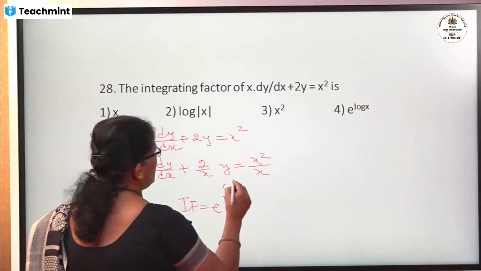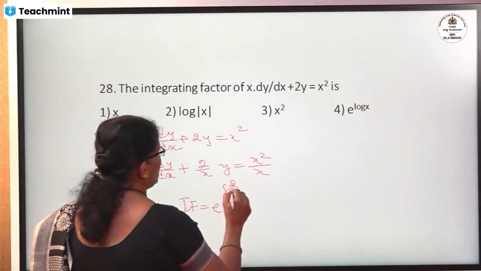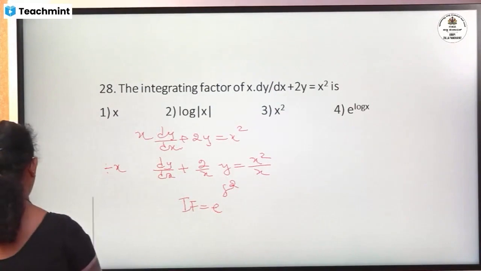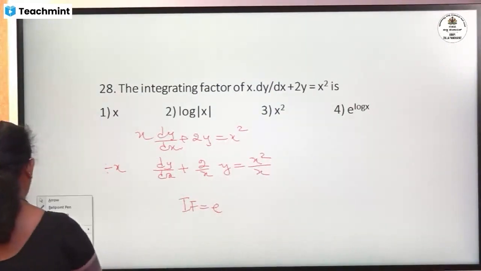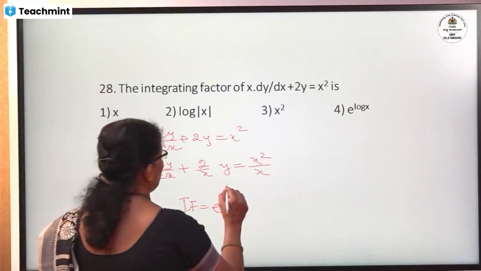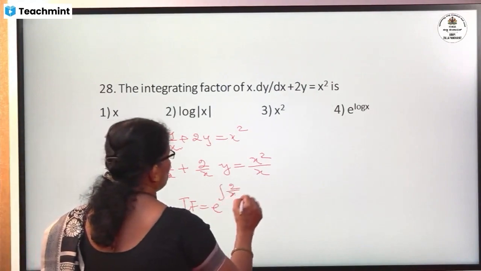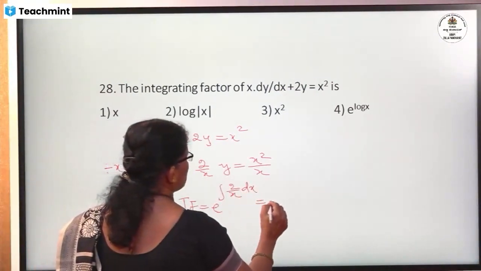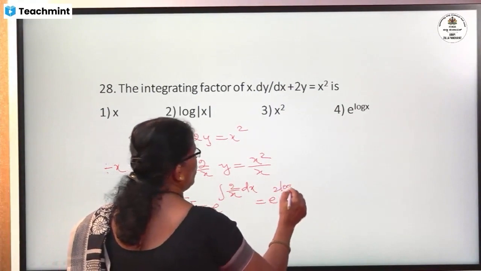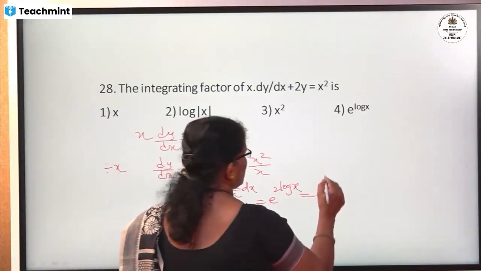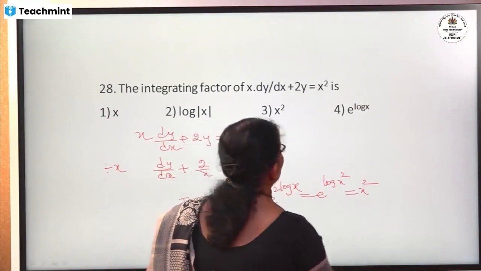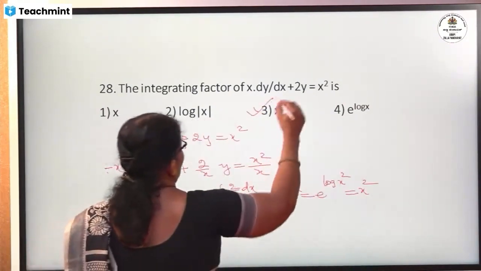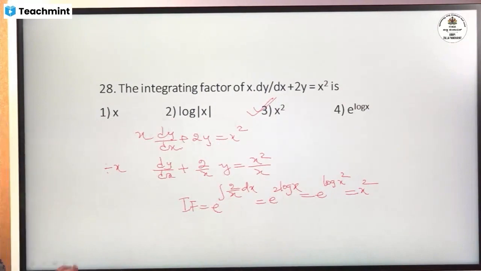I just need to get the integrating factor. So integral of 2 by x dx is 2 log x, log of x squared. So it is x squared. That is the third option.